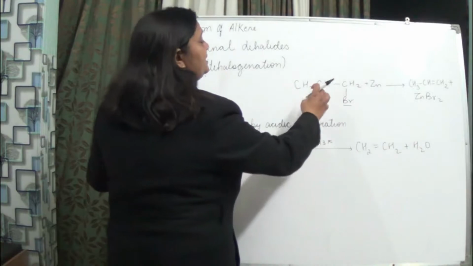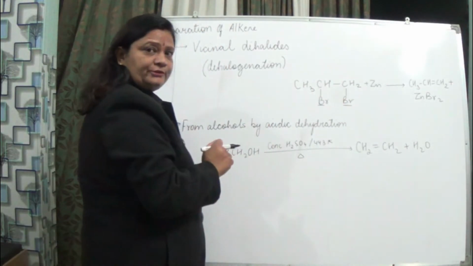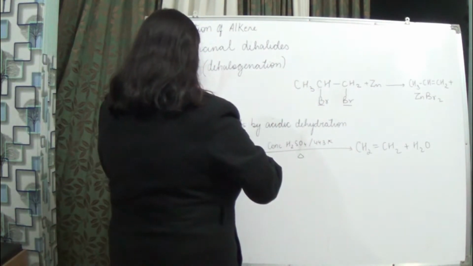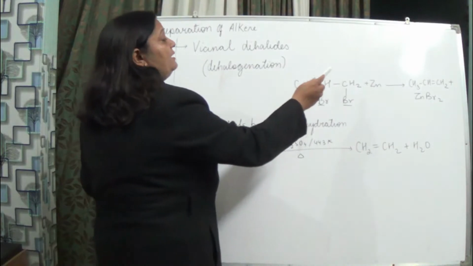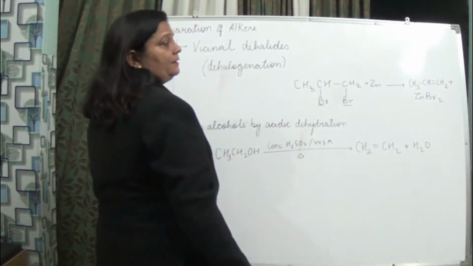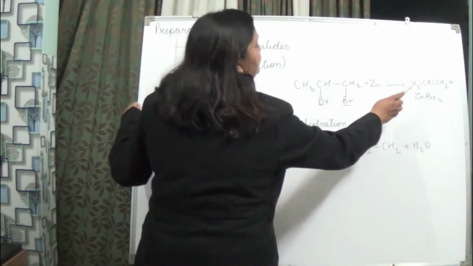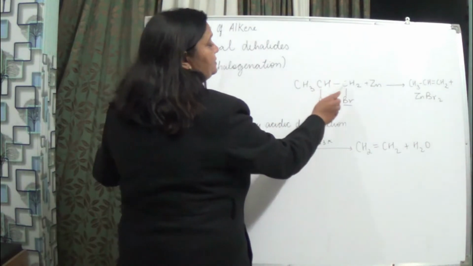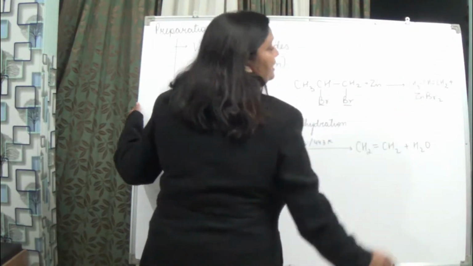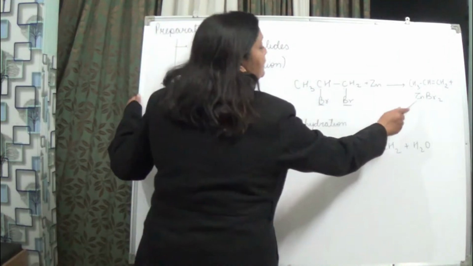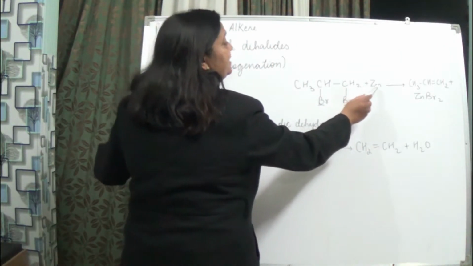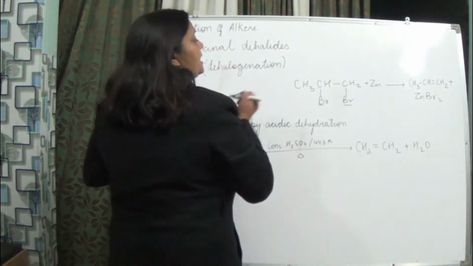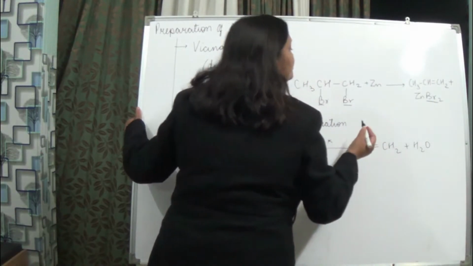Because here we will see the halogen being removed. How? When we take this vicinal dihalide and react it with zinc, we get an alkene, that is propene, with 3 carbon atoms. And we get ZnBr2, because the Zn combines with the Br to form ZnBr2, and thus the bromine is removed.